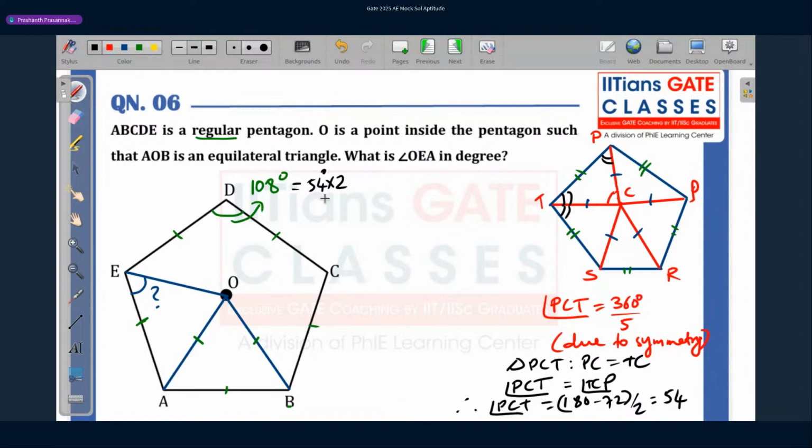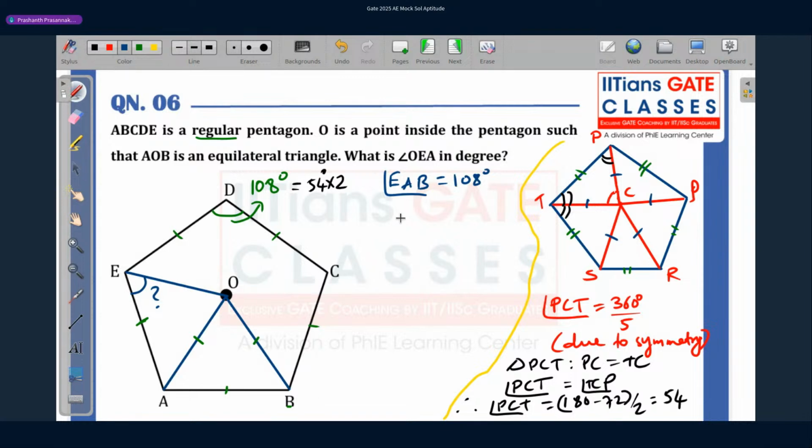Okay, fine. Back to the original question now. We know that the internal angle is 108. So angle EAB, that is also 108. Let me draw a line over here. So angle EAB is equal to 108 degrees.